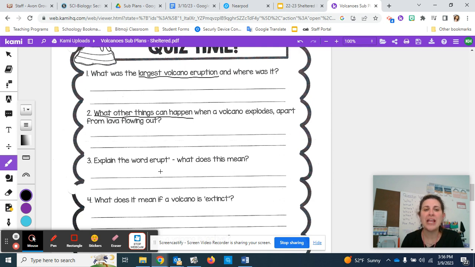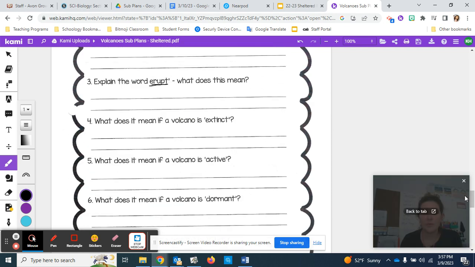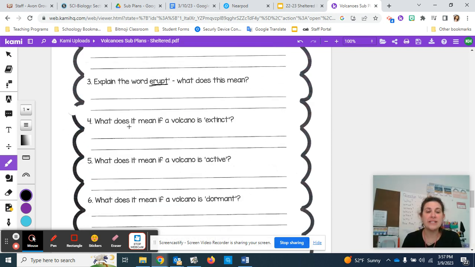Explain the word erupt. ¿Qué significa erupt? Usas palabras en inglés, por favor. Aquí, explica. What does it mean if a volcano is extinct?